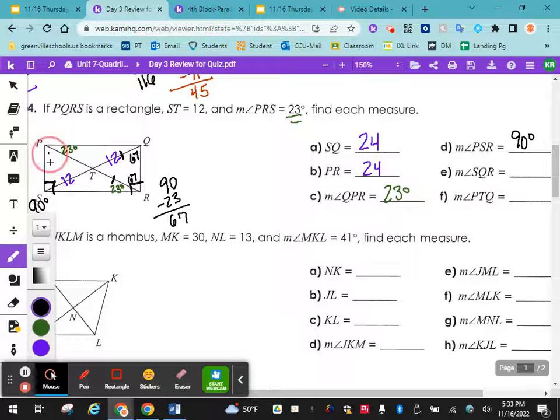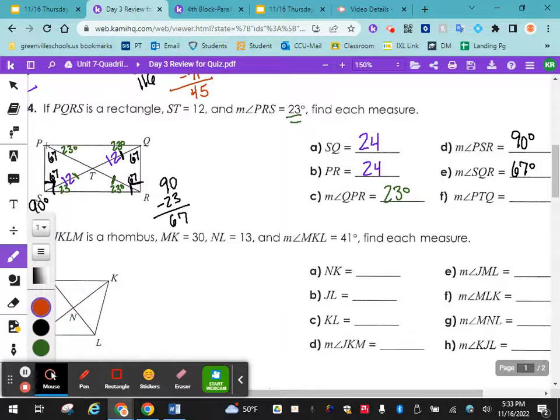And you can alternate interior this as well, so this would be 67, that would be 67. This would be 23 because these are isosceles triangles. This would be 23 just to fill it all out. So SQR is 67 degrees. And then finally, PTQ, this angle, we have to solve for.